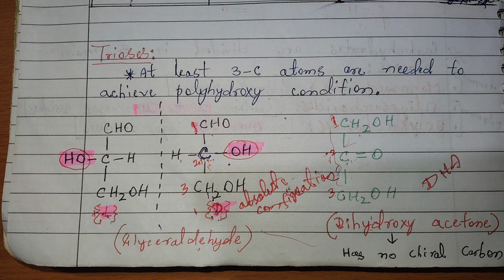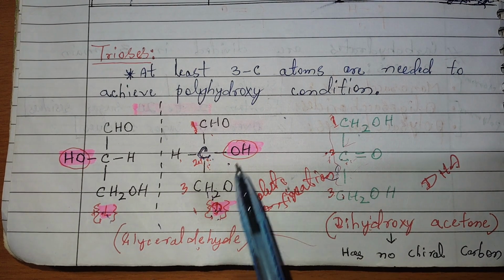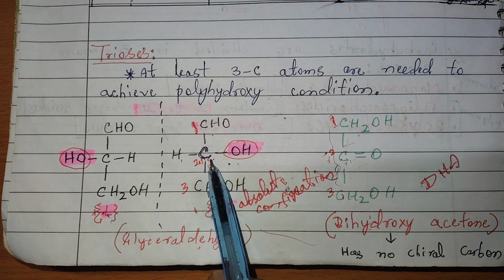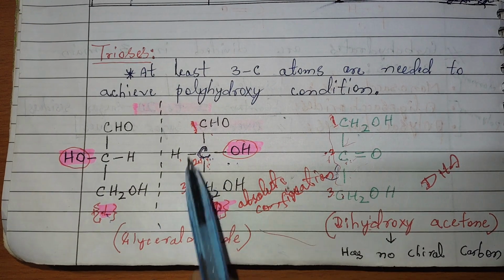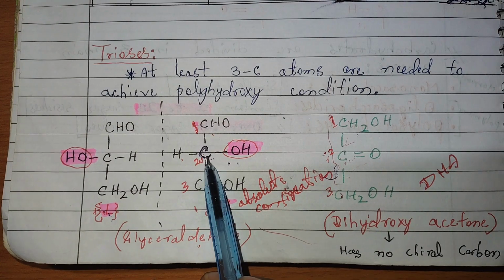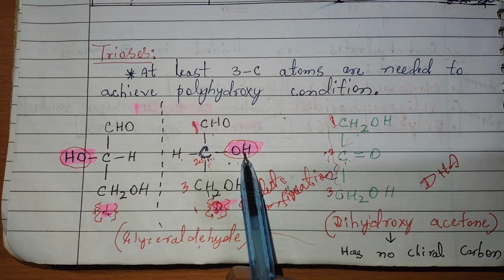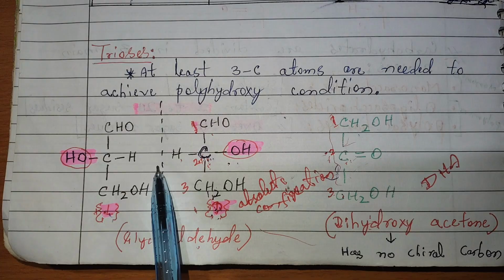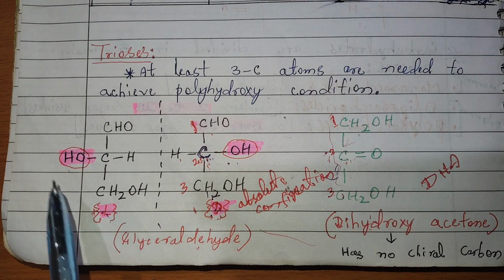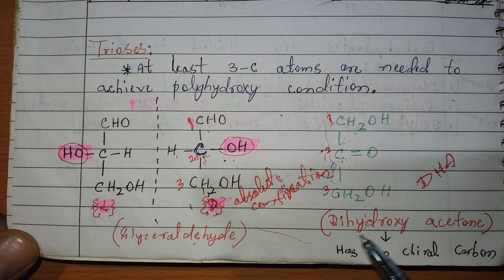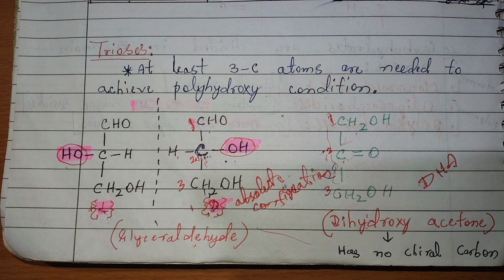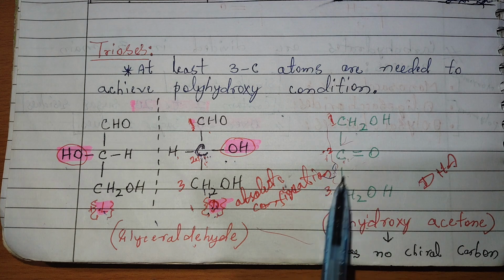These capital D and capital L are simply absolute configurations, distinguished on the basis of the attachment of the hydroxy group onto the penultimate carbon atom. Here in this triose, it is carbon number 2. If OH is on the right side, it is designated as capital D, and if it is on the left side, it is designated as capital L. In dihydroxyacetone, we do not have any chiral carbons. None of the carbons possesses 4 different moieties attached to it.